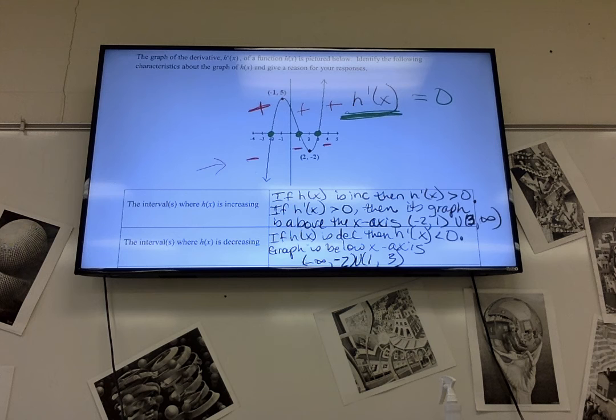So, negative 2 is not a relative max. The next one, 1, goes from, if I'm reading from left to right, what to what? Positive to negative. So that's a relative maximum. And the next one goes from negative to positive, so that's not a maximum.